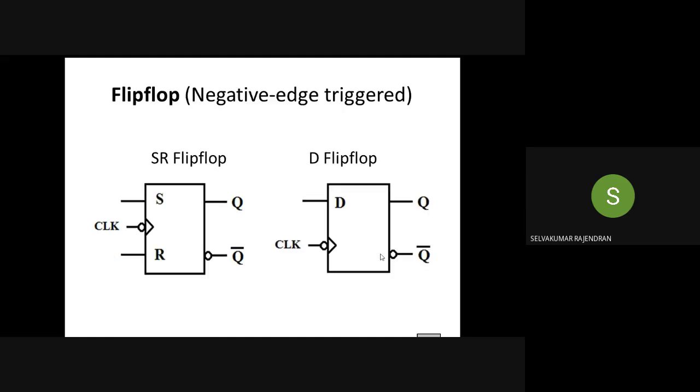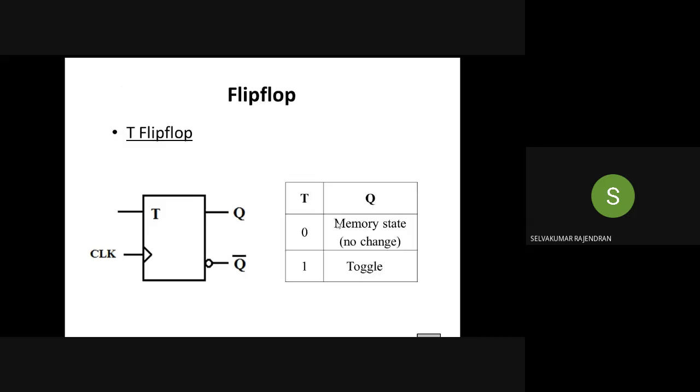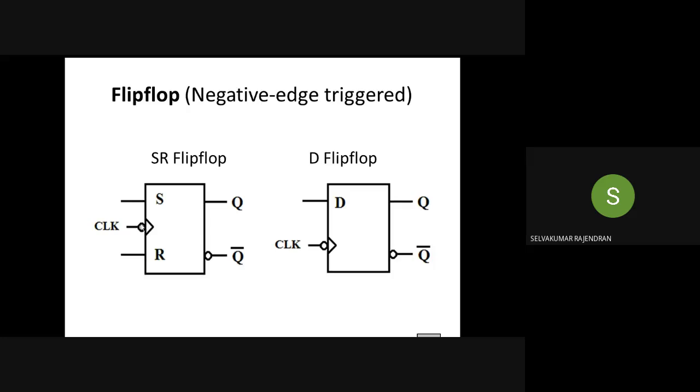Then negative edge triggered flip flops. Till now we have discussed positive edge triggered flip flop. So here, true form of clock signal is applied, but here we are having complement.